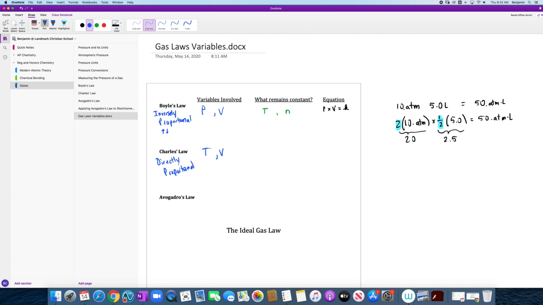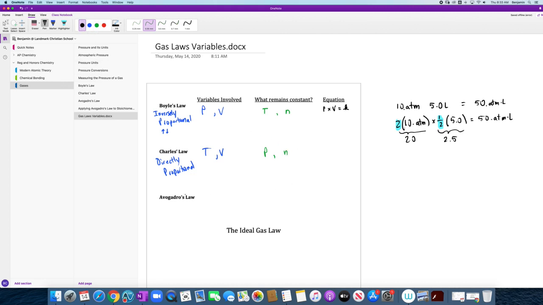That means as one goes up, the other one goes up, but not just any old way, proportionally. So if you double the temperature, you double the volume. What remains constant here is pressure. You need a constant pressure for that to work out and a fixed sample of gas.